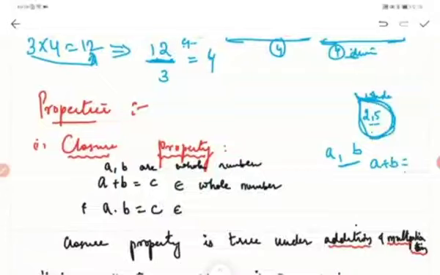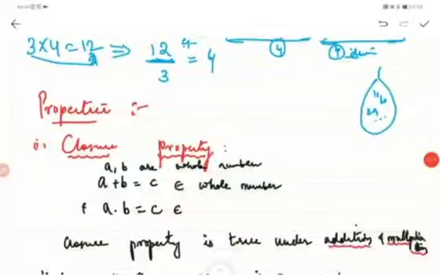So a plus b, I took 2 and 5. So 2 plus 5 is how much? It is 7. Does 7 belong to whole numbers? Yes, 7 also comes under this closed whole number set, isn't it? So you need to just check for the options.